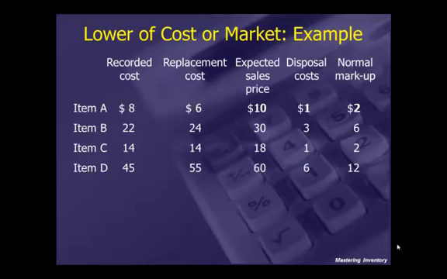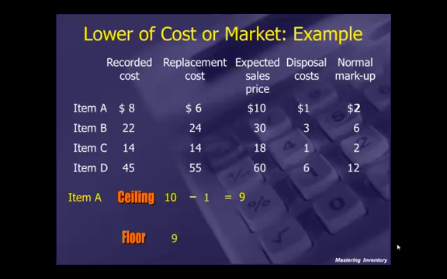All right, so the lower of cost or market example. Here we've got items A, B, C, and D. We have recorded costs, replacement, expected sales price, disposal costs, and normal markup. On item A, we need to find the ceiling and the floor. The ceiling, you would take the sales price less the disposal of $1, so that's going to give you 9.